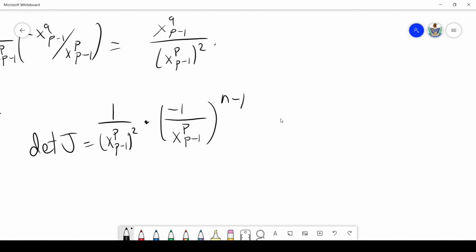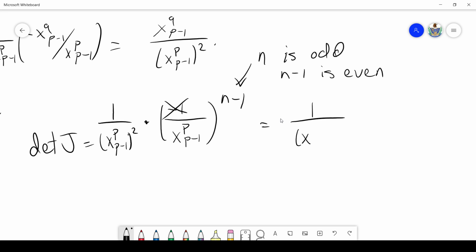But remember, we chose n to be odd. This means that n minus 1 is even, so we can get rid of this negative 1. And now we have this term, 1 over x_pp minus 1 to the n plus 1. Since n plus 1 is even, this term is always positive.